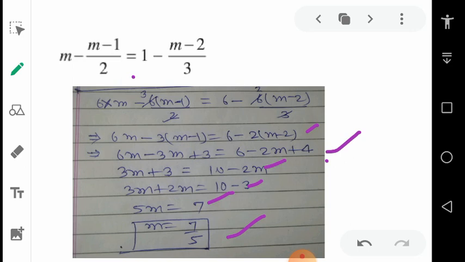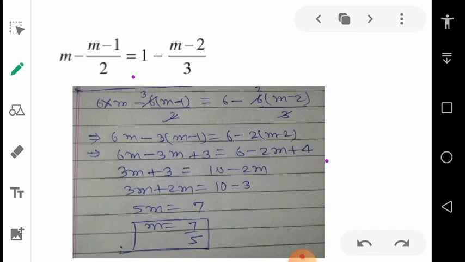Now be careful when following the steps, transposing the terms, and about the negative quantities also. After the simplification we got m equals 7 upon 5, and if you want to do a cross check, you can. So how to do a cross check for this question?